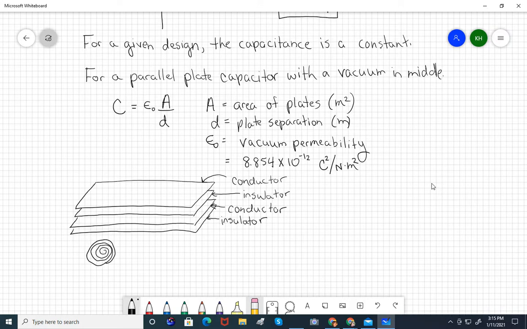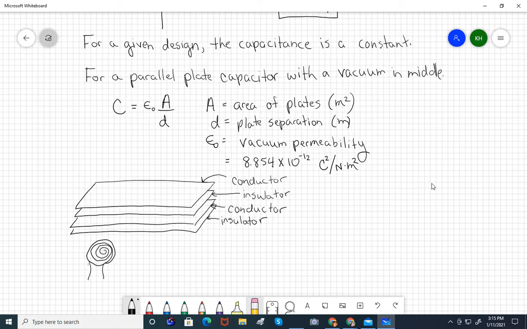The insulators keep the two conductors from coming in physical contact with each other, but they let that distance be really, really small. So if you ever open up a circuit and you see a capacitor, it usually looks like a fairly small little device. It usually looks round and it'll have a couple of leads coming out.